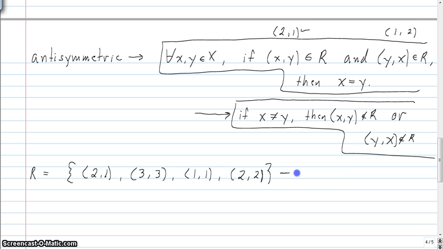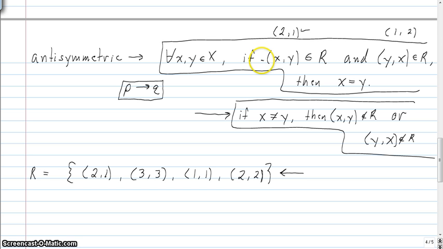If we look at the relation here, in order for it to fit the definition of antisymmetric, remember this definition is an if-then statement, and remember we had a truth table for P implies Q. That was true if the if part and the then part were both true, or if our hypothesis, the if part of the statement, was false, then the statement is true by default.